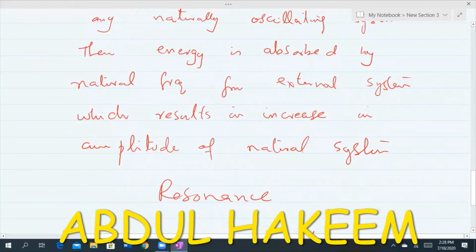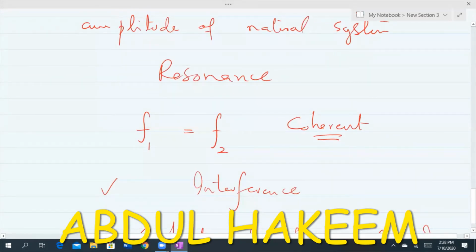So when will the natural oscillating system absorb energy? When the frequency of the external system becomes equal to the frequency of the natural system. We are not changing the frequency of the natural system. We are changing the frequency of the externally driven system. By changing the frequency of the external system, we can match it with the frequency of the natural system. The natural system will absorb energy from the external one and its amplitude will increase.